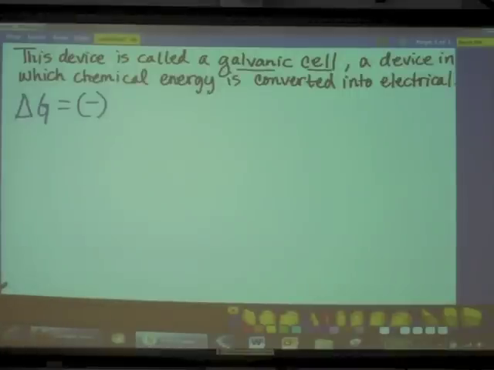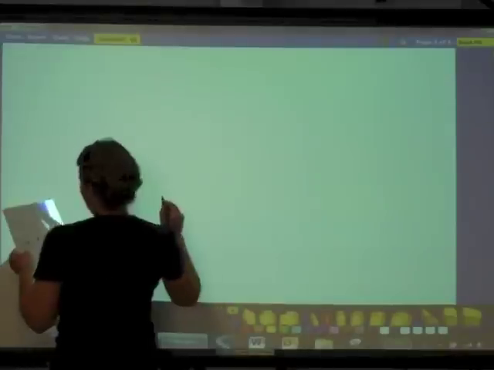It will go on its own. This is a redox reaction in which the value of K, the equilibrium constant, lies far to the right, and it's spontaneous. All right, so let's draw one. Let's make a galvanic cell.